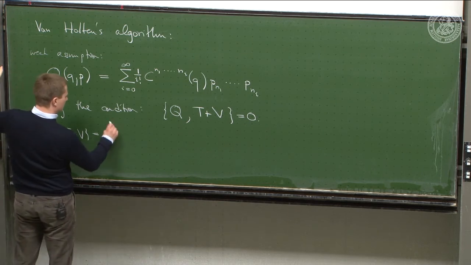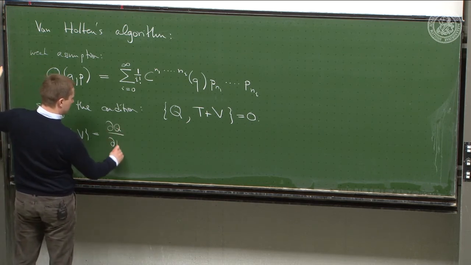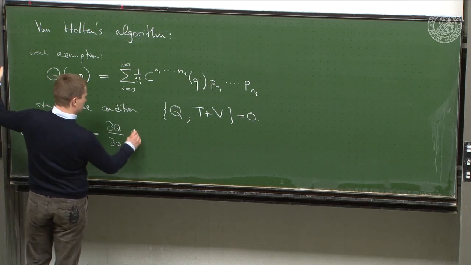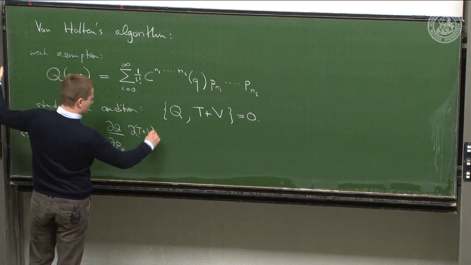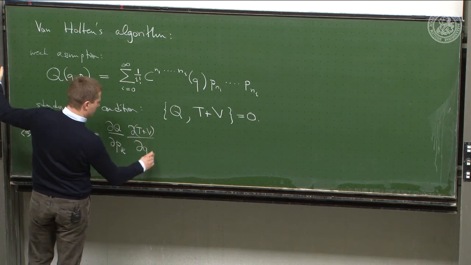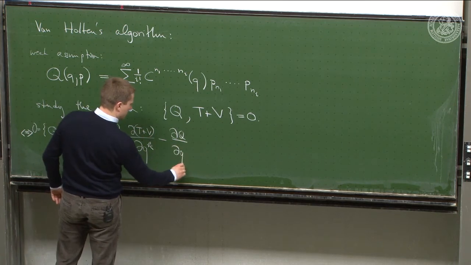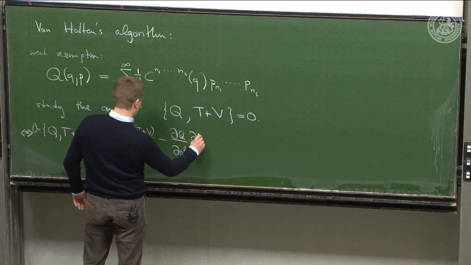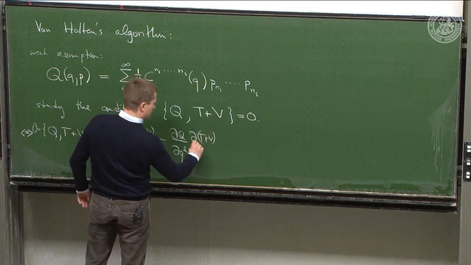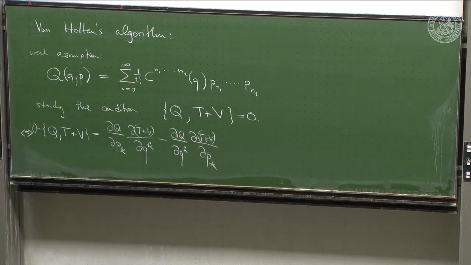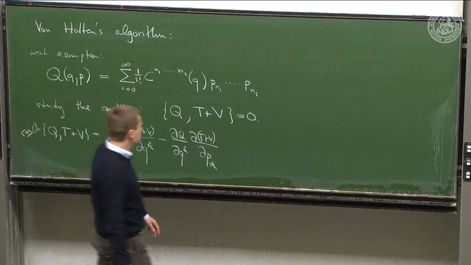It's dQ by dp_k, times d(T plus V) by dq^k, minus dQ by dq^k times d(T plus V) by dp_k. Okay? So what is this?